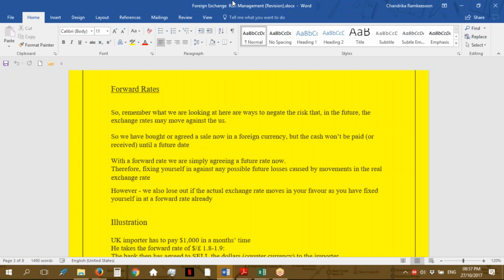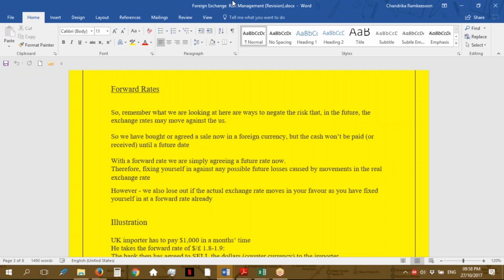But let's assume they wish to use a forward hedge. They will go to their bank and say, look, bank, in 3 months' time, I'll be giving you $1 million, and I want you to quote me a forward rate. The bank will quote you the forward rate, a 3-month forward rate, but the rate, of course, will be quoted to you today.